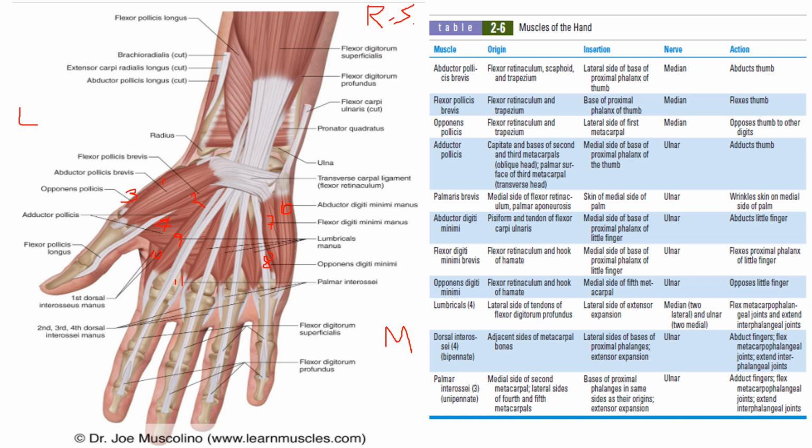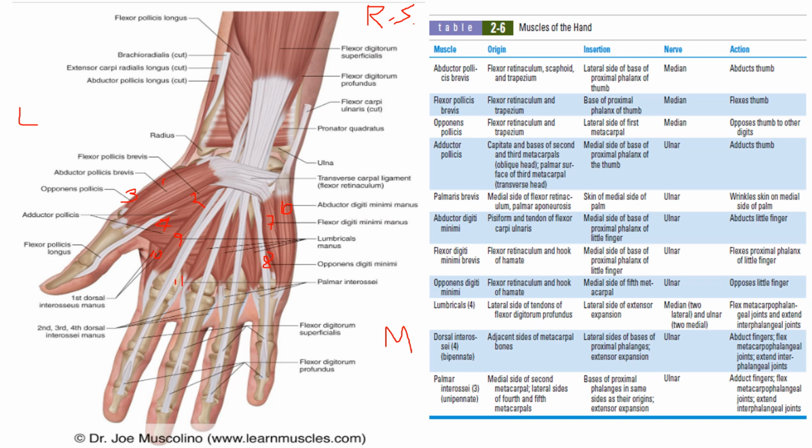Intrinsic hand muscles are responsible for the finer motor functions of the hand, whereas the extrinsic hand muscles are the muscles responsible for coarser, gross movements. All of the muscles that we will discuss in this slide are intrinsic muscles of the hand because we have already previously discussed the extrinsic hand muscles when we talked about the forearm muscles.